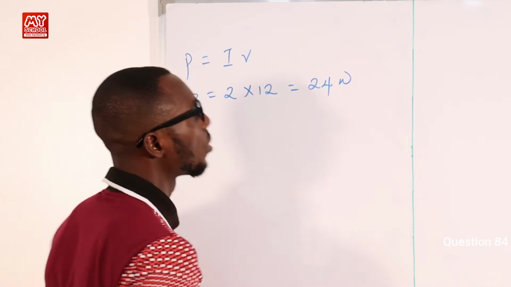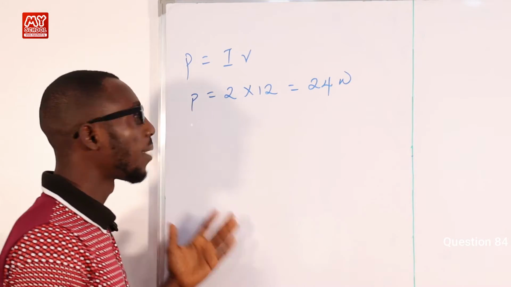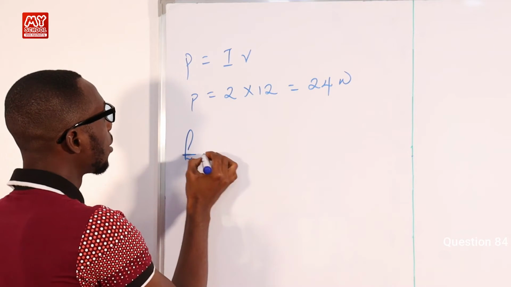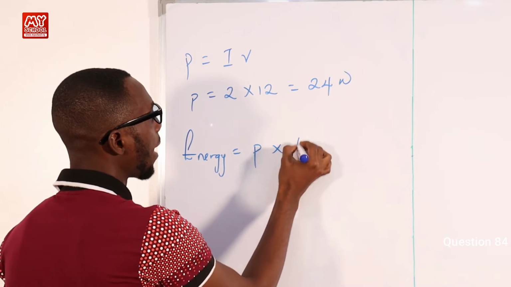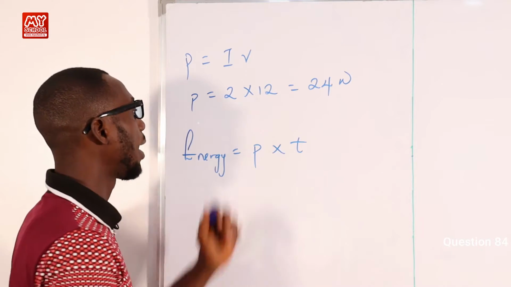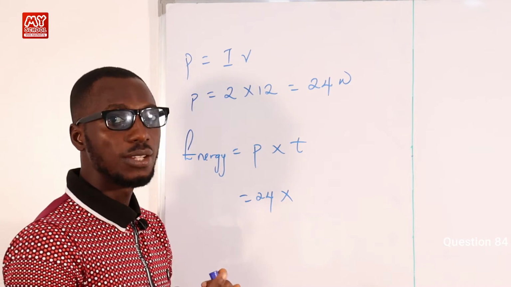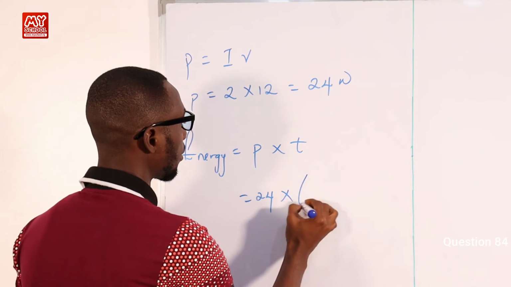Very well, we are now asked to calculate energy, and we recall that power equals energy over time. That means energy equals power times time. The power here is 24. The time given is 5 minutes, so it has to be 5 times 60 to bring it to seconds.